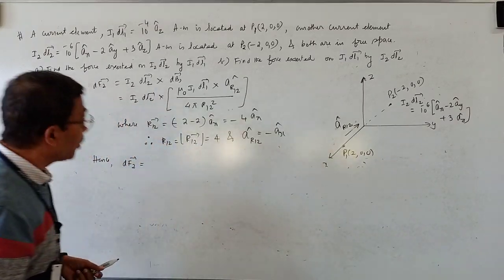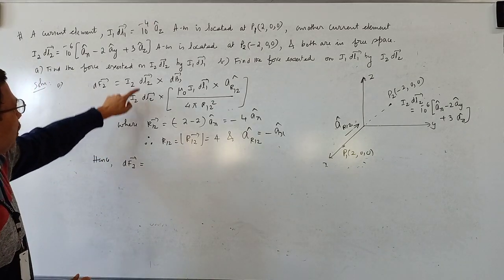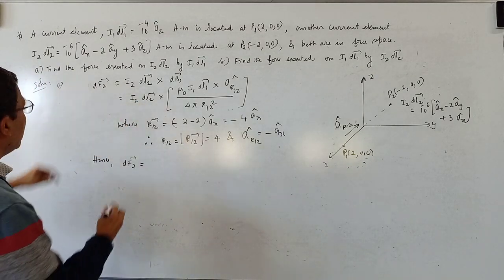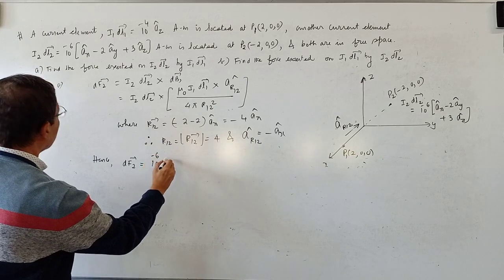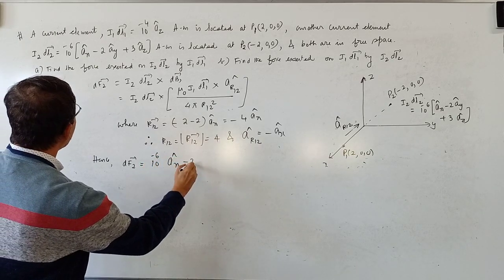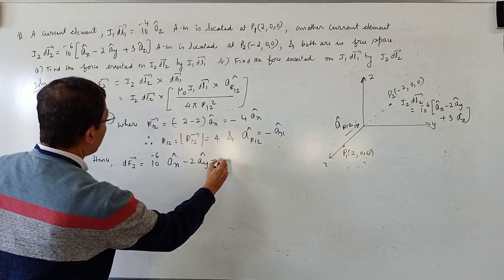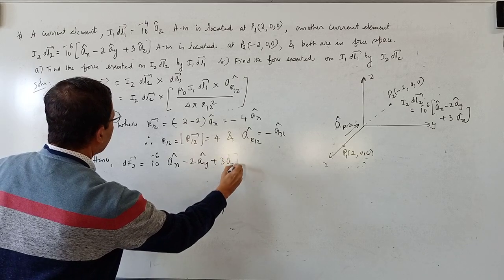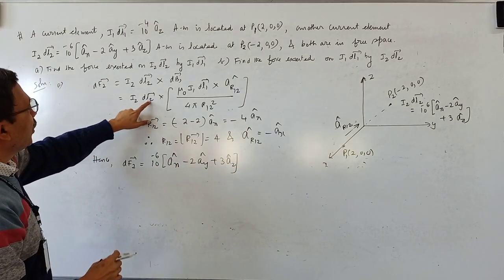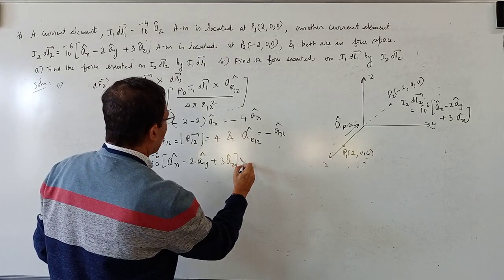Be very careful when substituting. What is vector I2 dl2? Vector I2 dl2 is 10 to the power minus 6 into (ax cap minus 2 ay cap plus 3 az cap). This is vector I2 dl2, cross.